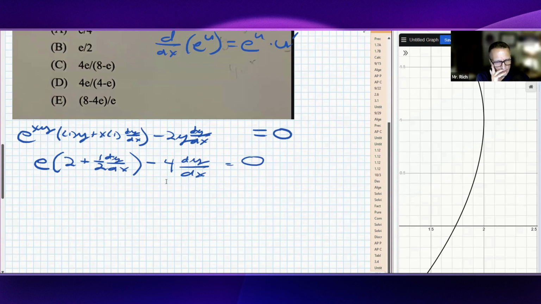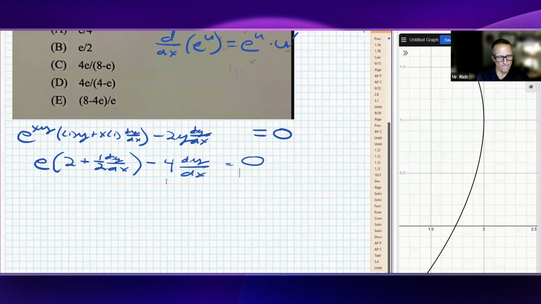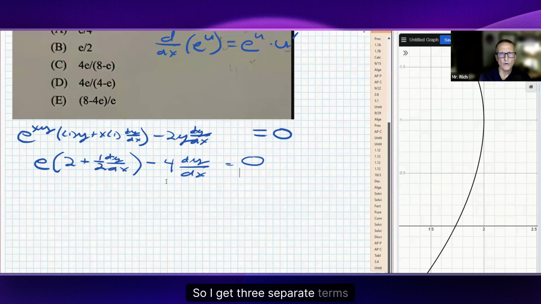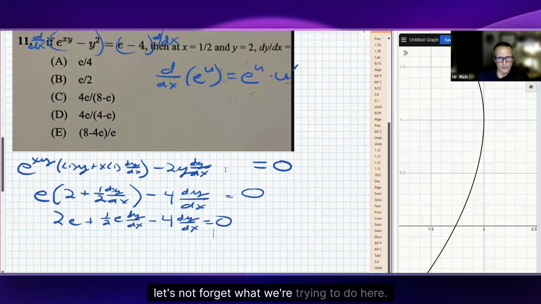I think the only choice I really have here is to go ahead and distribute that e. So I get 3 separate terms. And the 2 terms that have the dy dx, I'll factor the dy dx out, and move the other term to the other side. So this will be 2e plus 1/2 e times dy dx minus 4 dy dx equals 0. And remember, let's not forget what we're trying to do here.